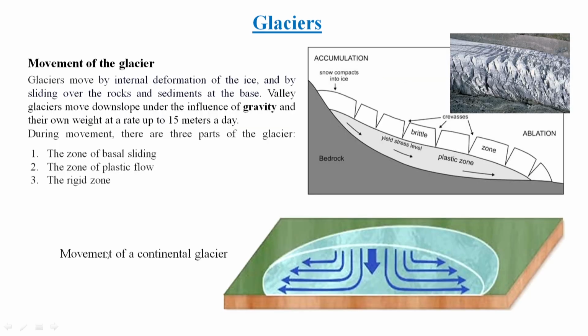So in the movement of a continental glacier, where you don't have a distinct gradient, it is simply like pouring some thick batter of some material, for example flour or corn flour, which I am making into a batter to fry something.